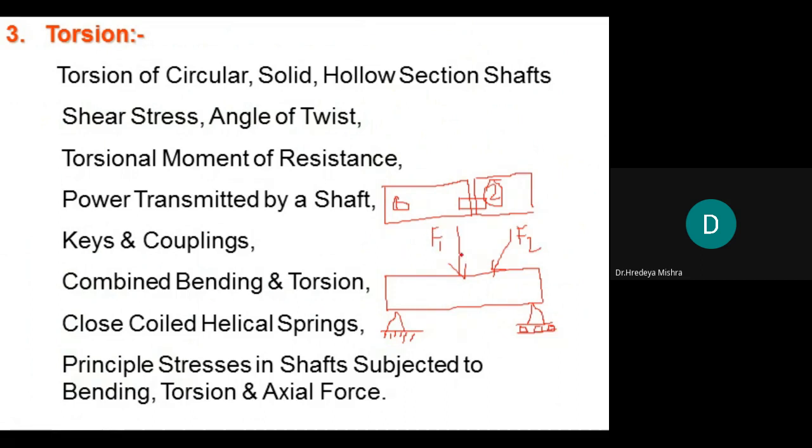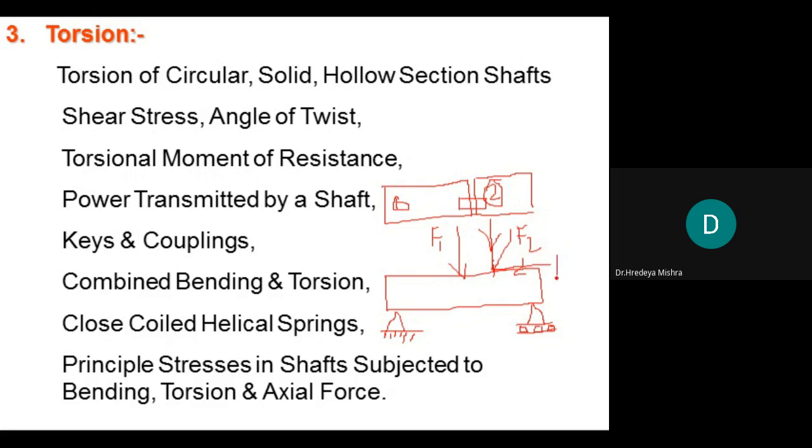F1 is the vertical force. So this force is responsible for the beam bending directly. Okay, but F2, because it is not in the horizontal position or vertical position, is inclined from the horizontal or vertical. So we can resolve this F2 into two components, in this direction and in this direction.